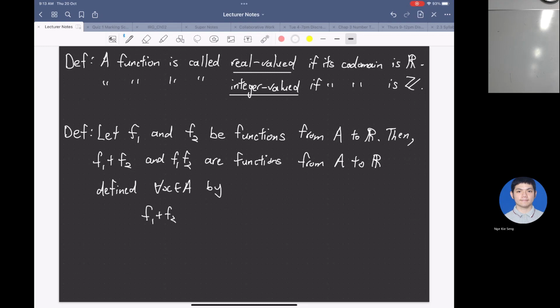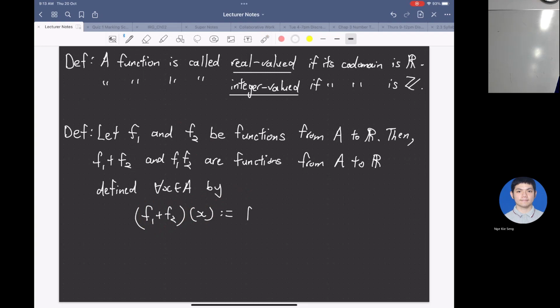So you need to tell me where f1 plus f2 sends the x. Okay. Right. So what's the natural way to define this? So f1 and f2 are functions, right? So they can send x to somewhere else separately. Okay.